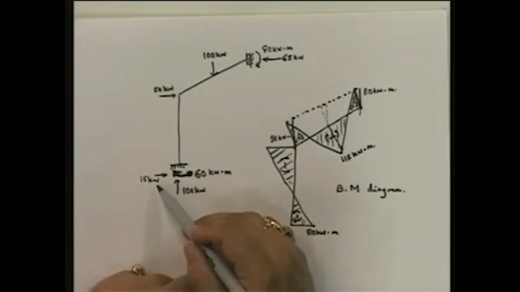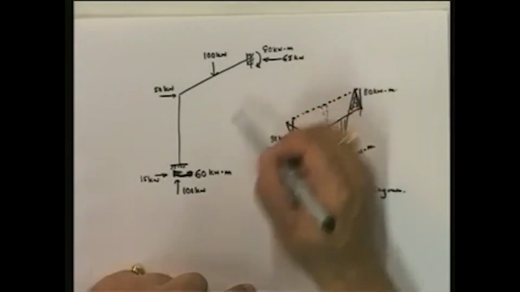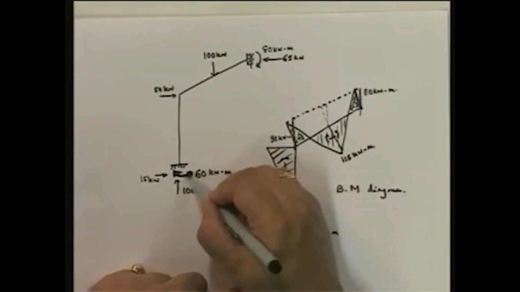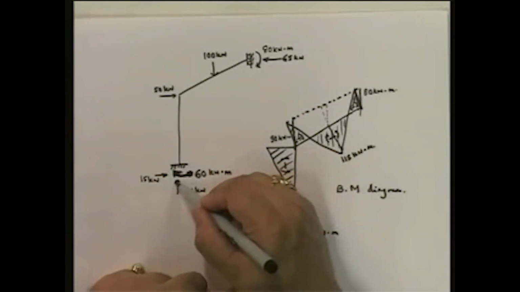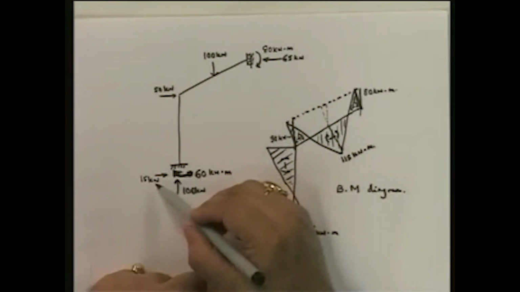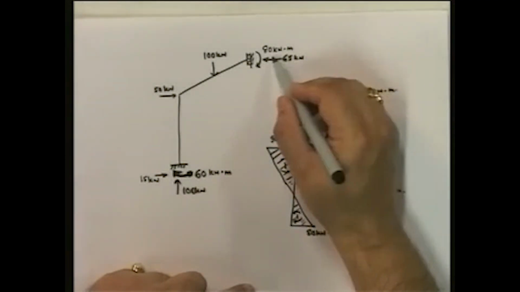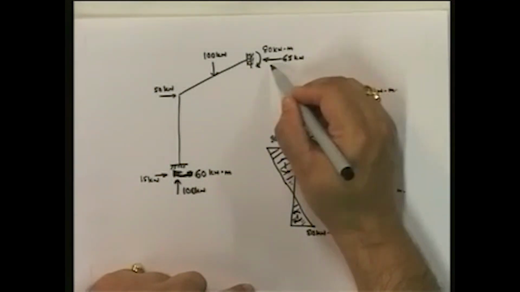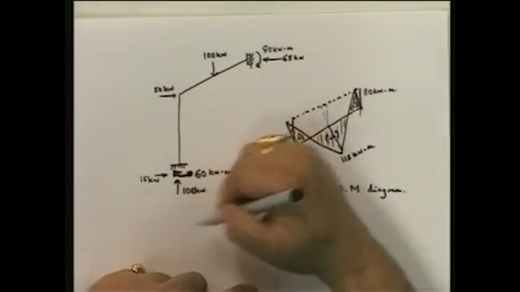Having substituted MBA and MAB, we got that HA is equal to 15, therefore HC is equal to 65, and these are the support reactions. Clockwise moment of 60 kilonewton meter here, a vertical reaction of 100 kilonewtons, a horizontal reaction of 15 kilonewtons, and a horizontal reaction of 65 kilonewtons in this direction. These are the support reactions.